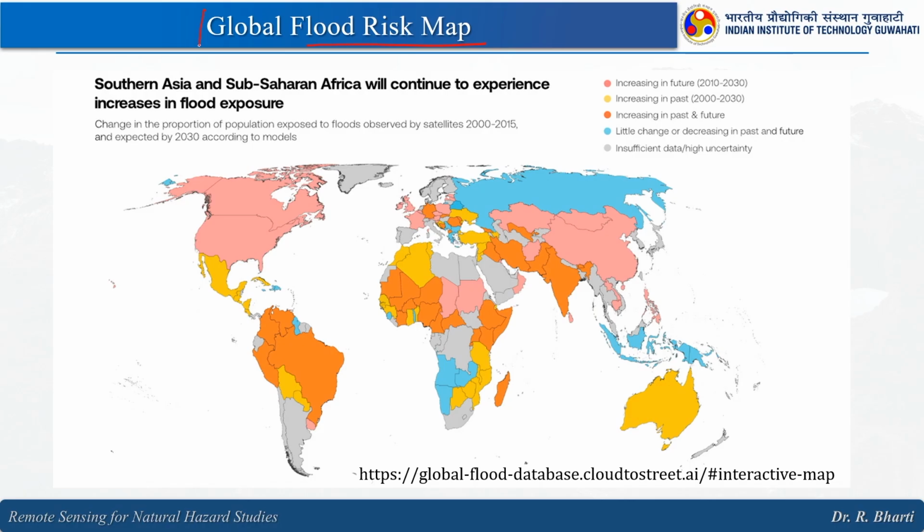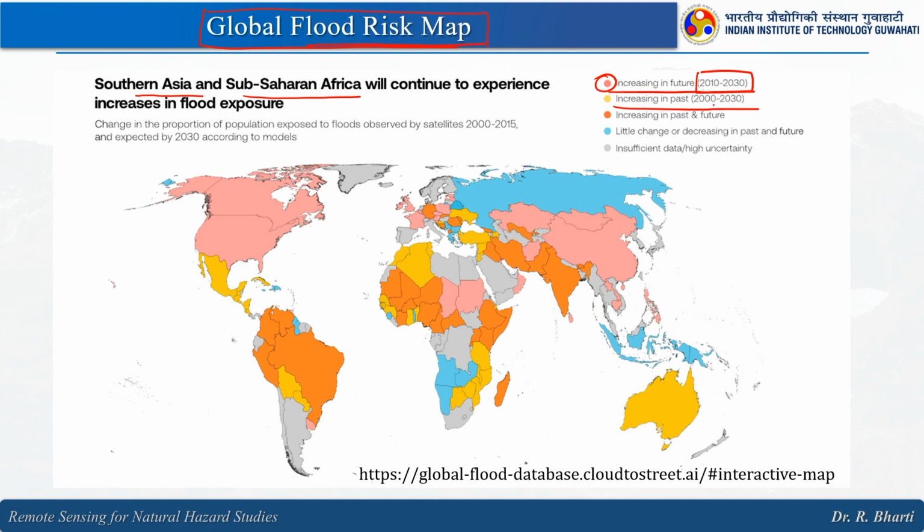Many people have put their effort into generating flood risk maps. So, this is one of the examples. This is the global flood risk map. You can see this is for southern Asia and sub-Saharan Africa, and here you can see how they have given this prediction. So, increase in future between 2010 to 2030 is indicated with this color.